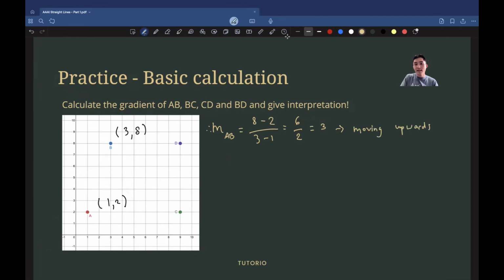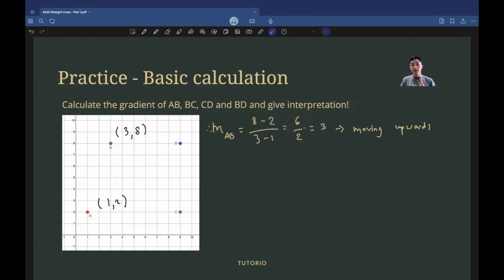And if we take a look again at the definition, gradient is delta y over delta x. So this implies that when you move 2 steps to the right, you go 1, 2, 3, 4, 5, 6. You go 6 upwards.